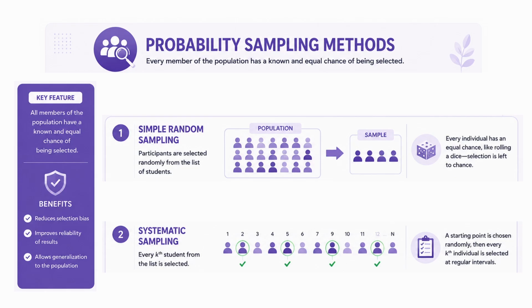The sampling interval is the total population divided by the required sample size: 200 divided by 20 is 10. So 10 is the sampling interval. You select every 10th individual from the list. That gives you systematic sampling.